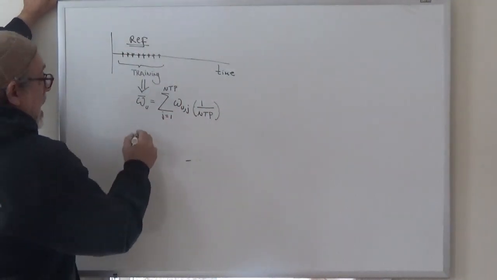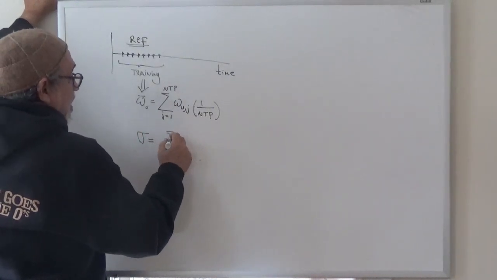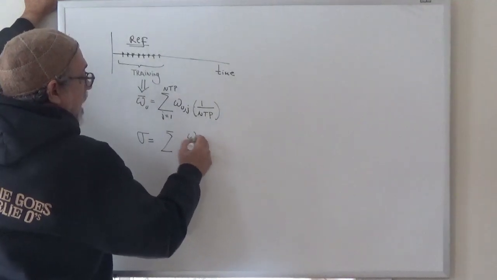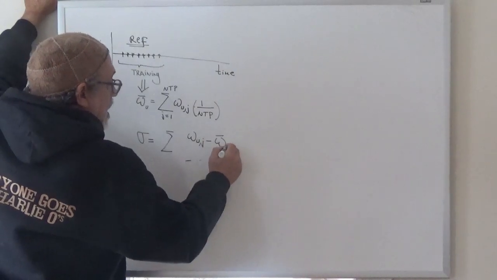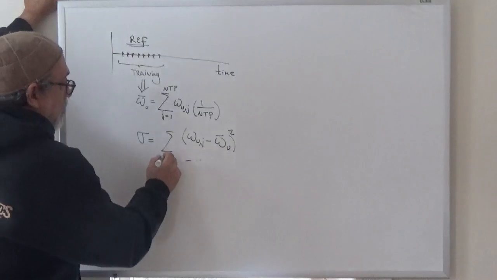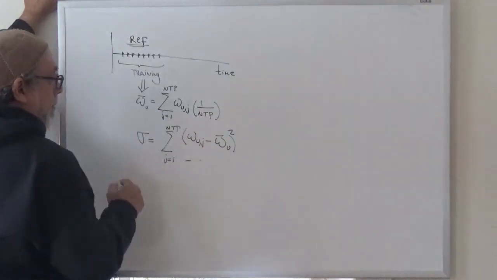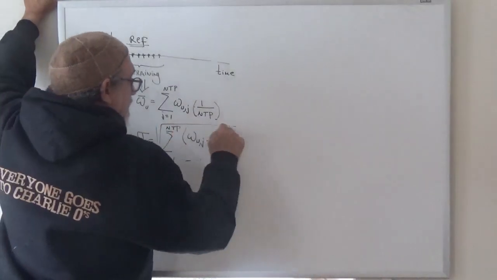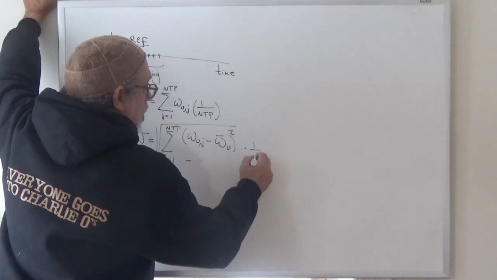And we can calculate the standard deviation as the summation of ω_j minus the mean, squared, from j equals 1 to the number of training points, and then take the square root of that, times 1 over n.